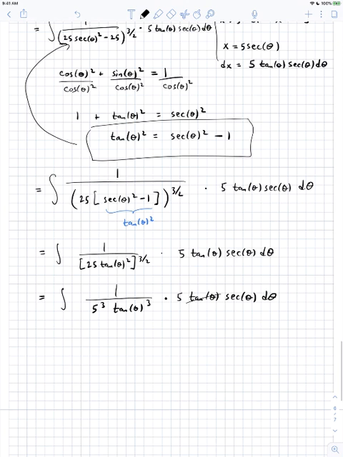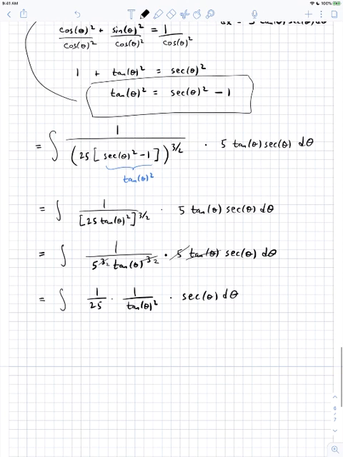So this tangent is going to turn that 3 into a 2, that 5 is going to turn that 3 into a 2, and you're going to end up with the integral of 1 over 25 times 1 over tangent theta squared times secant theta d theta. Now at first glance this might seem like a hopeless problem, but if you just turn everything back into terms of sines and cosines, it's not so bad.